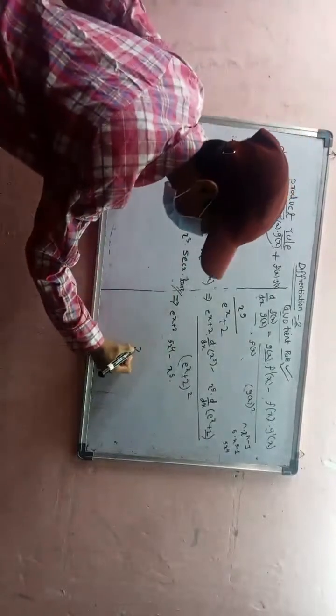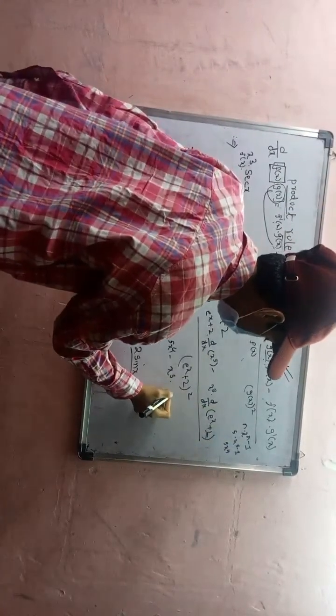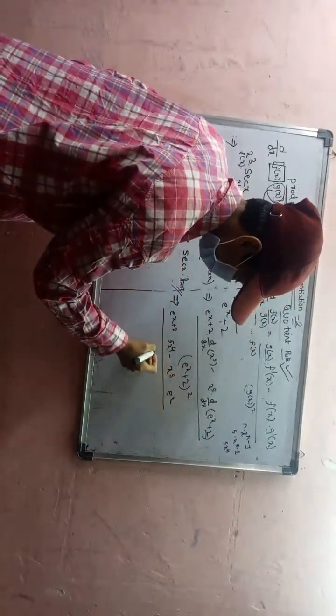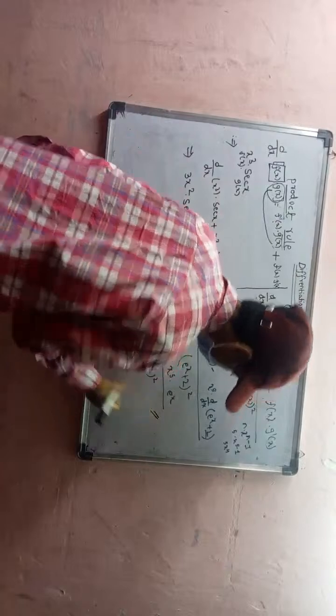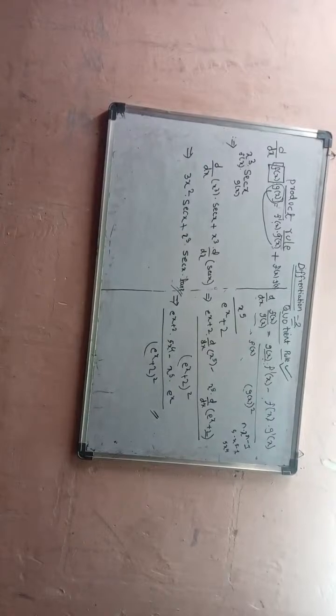What I told: if they give 2 sin x, you can't take it as 0, but here addition means we should take d by dx of 2 as 0. So d by dx of e power x plus 2 is e power x only. Okay, clear? Now e power x plus 2 whole square. This is the correct answer: e power x plus 2 into 5x power 4 minus x power 5 into e power x, by e power x plus 2 whole square.